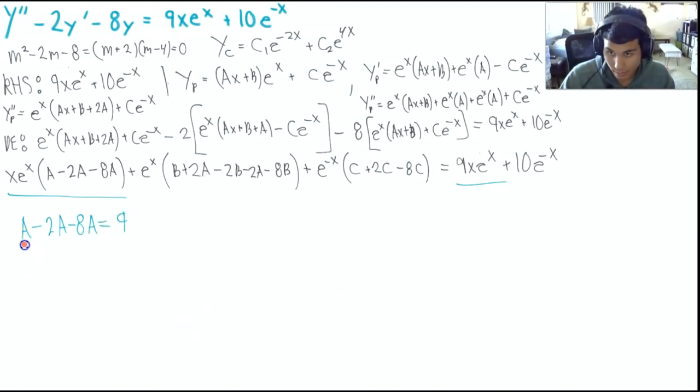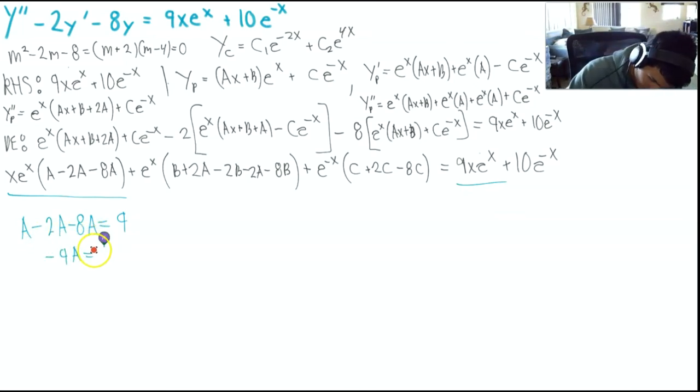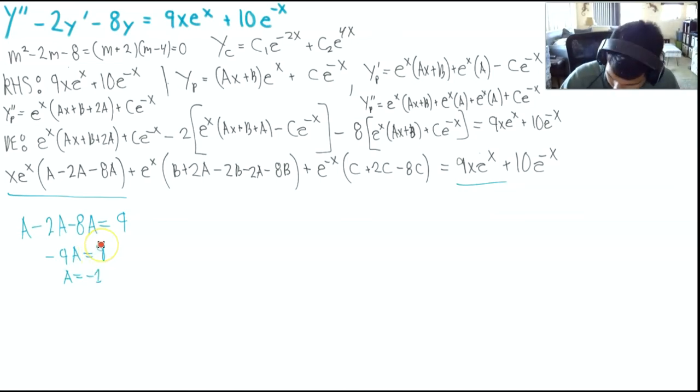What is this? This would be negative 10a plus a, which is negative 9a, is equal to 9. Thus a is equal to negative 1.